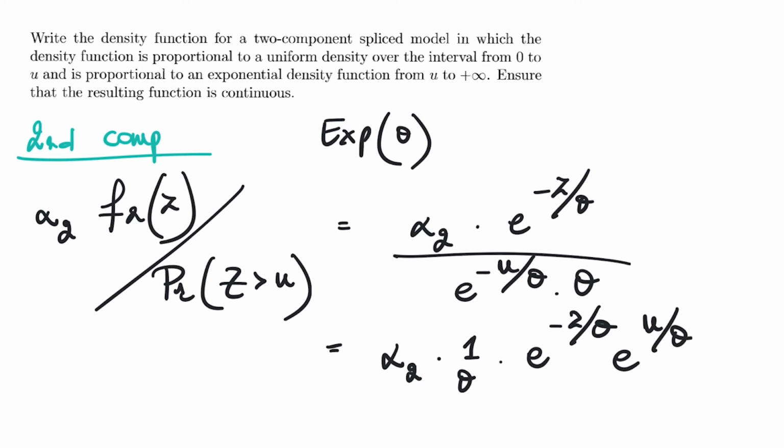If we combine both components, we get the following expression for the density function of our two-component spliced model.